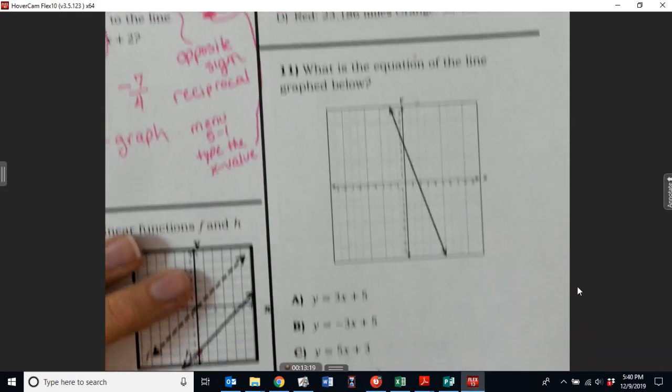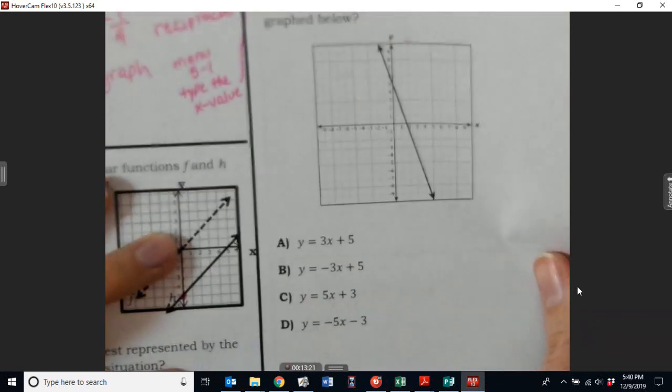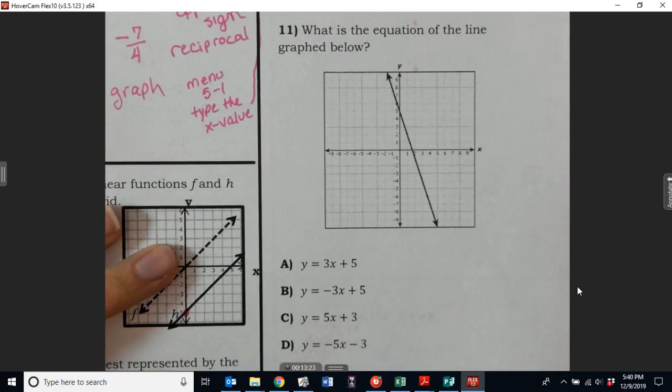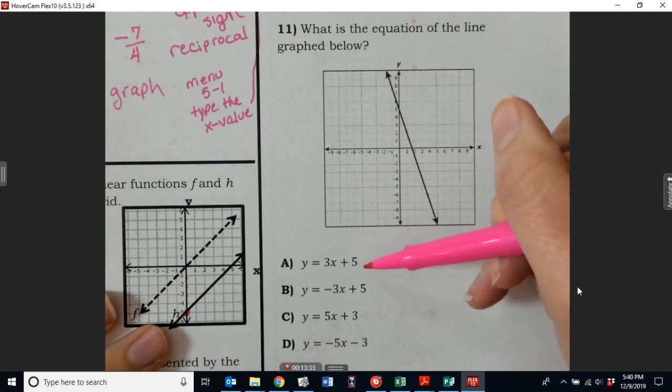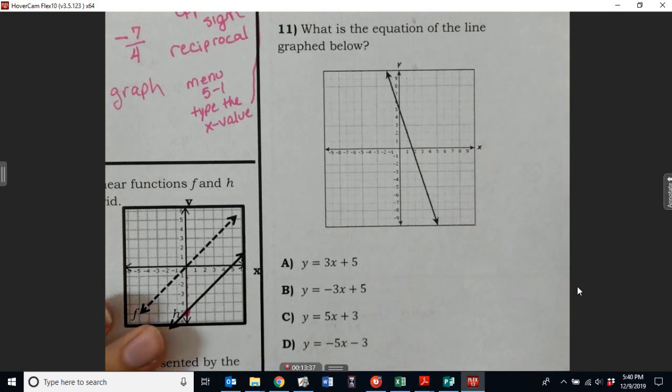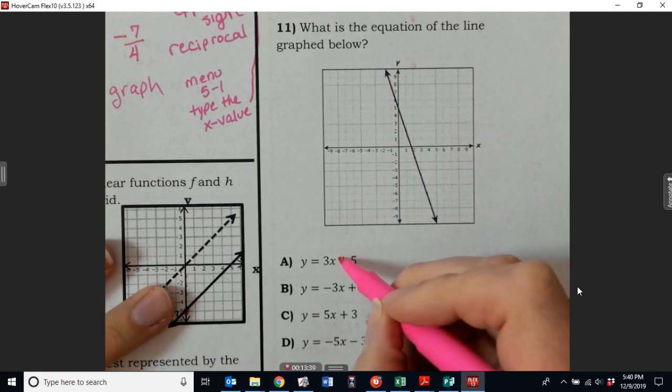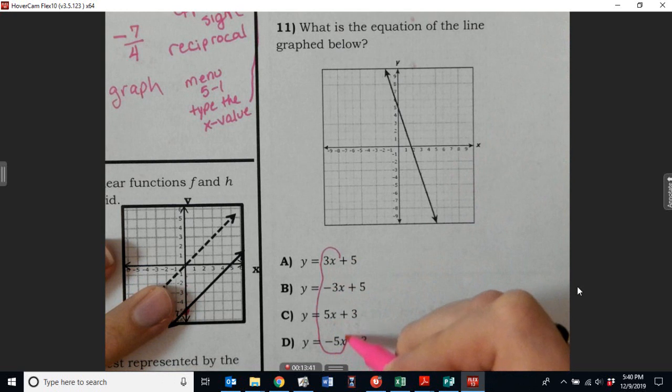Okay, last question. Number 11, what is the equation of the line graphed below? What you're going to do is just go to a graph page and type each of these in. But you should be saying, hey, this is my slope.